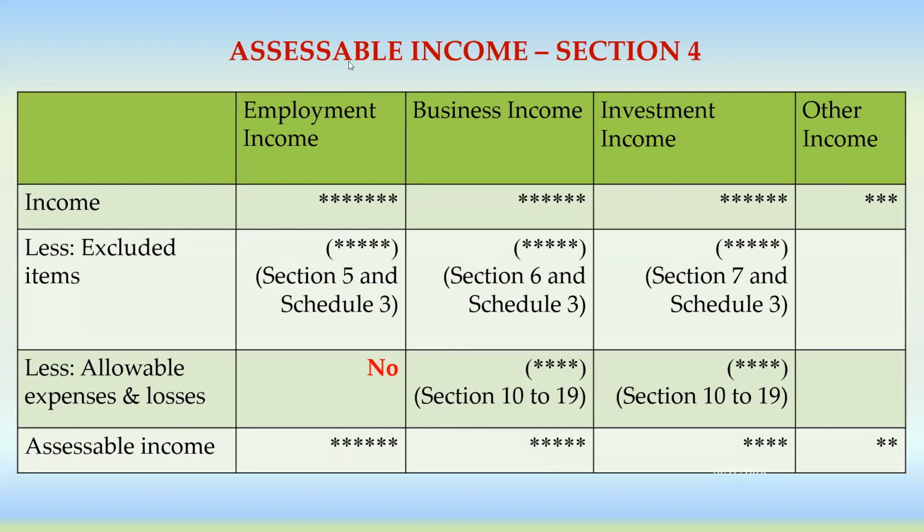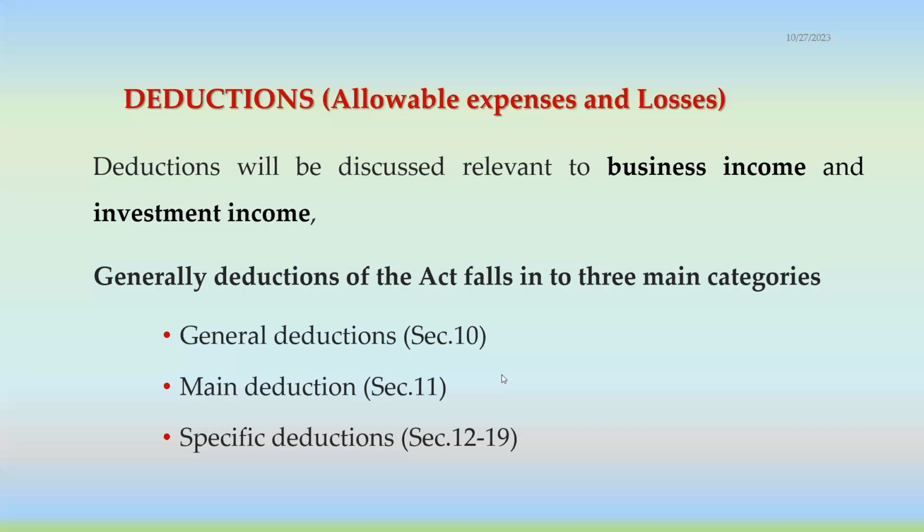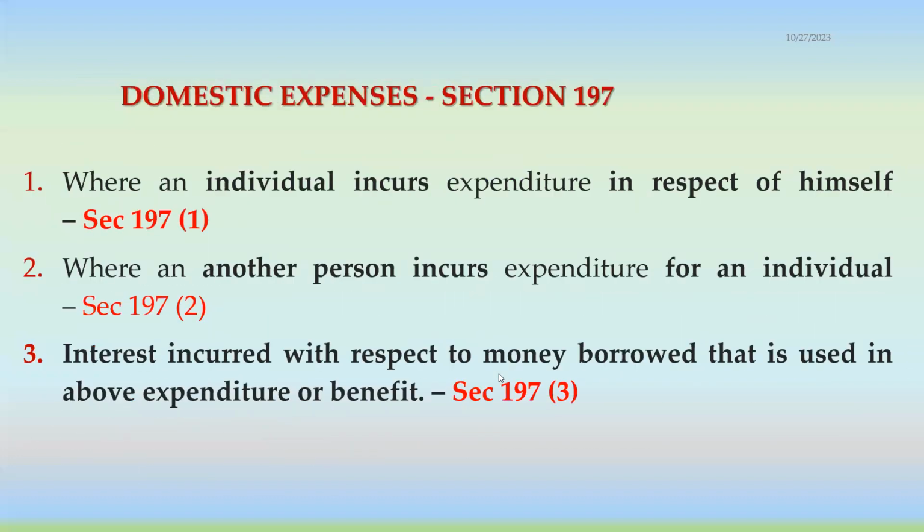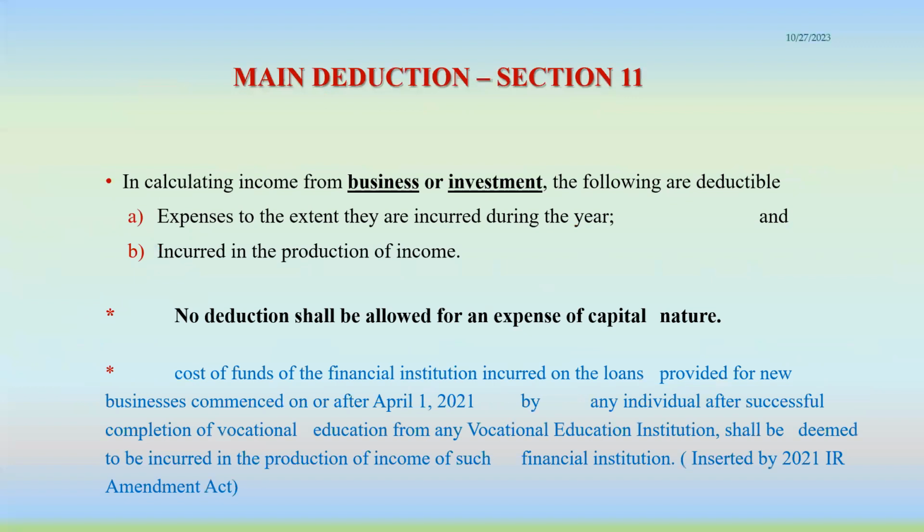So for the employment income, we can't deduct any expenditure, but under business and investment income, we can deduct expenses. So under section 10, we can't deduct any expenditure, but under section 11, we can deduct expenses that are provided under section 11. This is the main deduction rule.